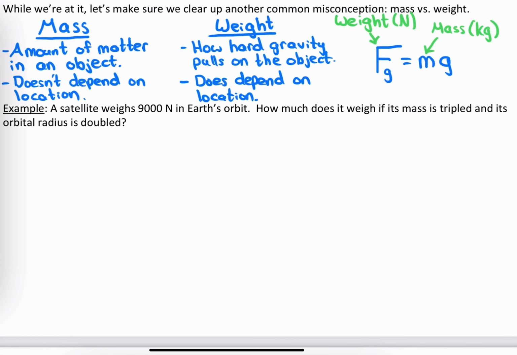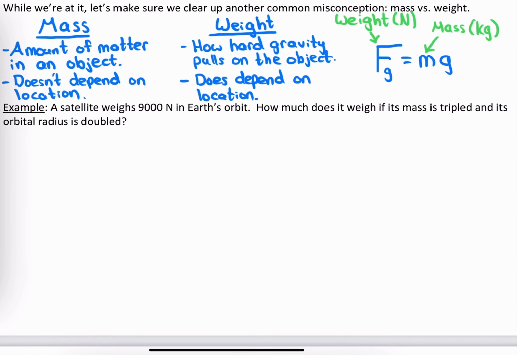Let's start with a quick diagram. Here's the Earth, and here's my satellite orbiting around Earth. Now, it sounds like I'm going to take this satellite and make a version 2. Version 2 is new and improved.